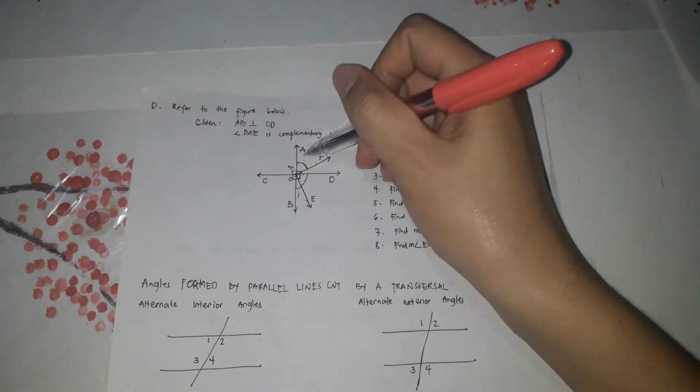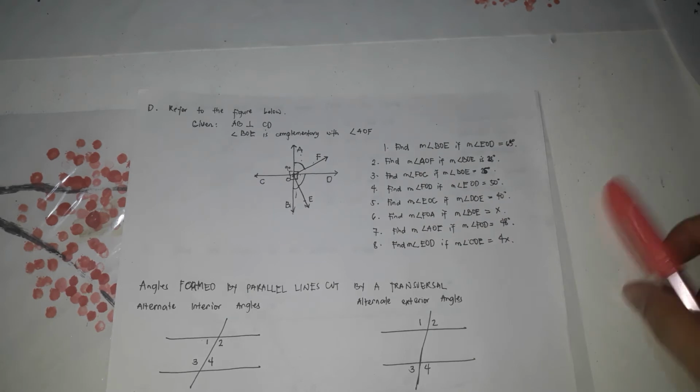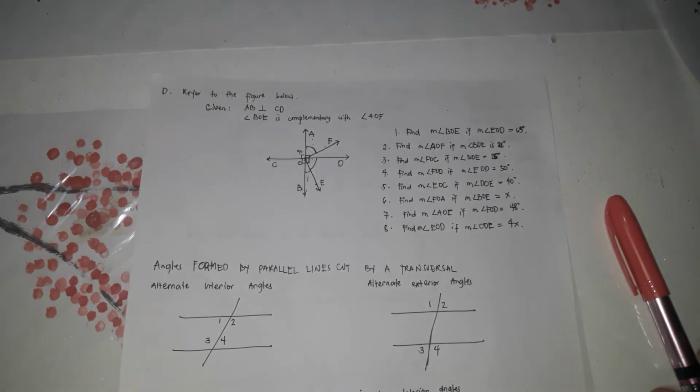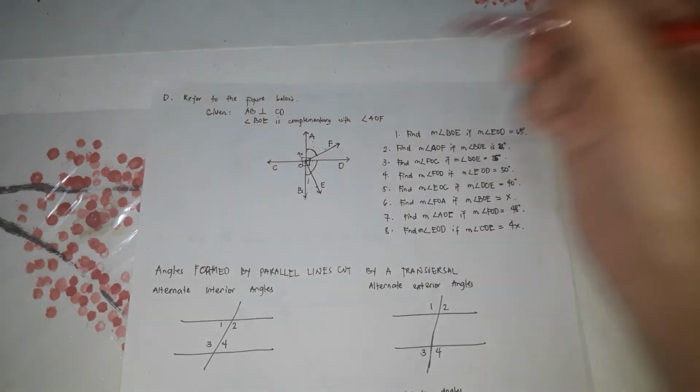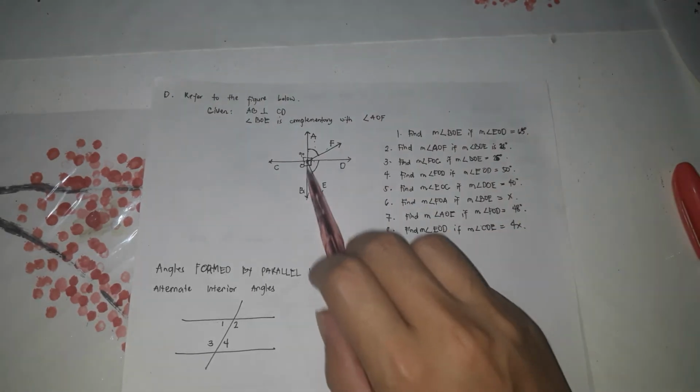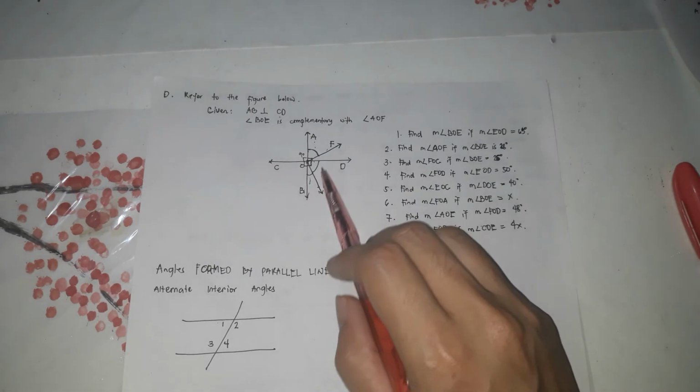Next, ito sila mag-complementary. Ito silang dalawa. So, BOE. If BOE is 65, what is EOD? If this is 65, itong BOE, ano daw ito siya?